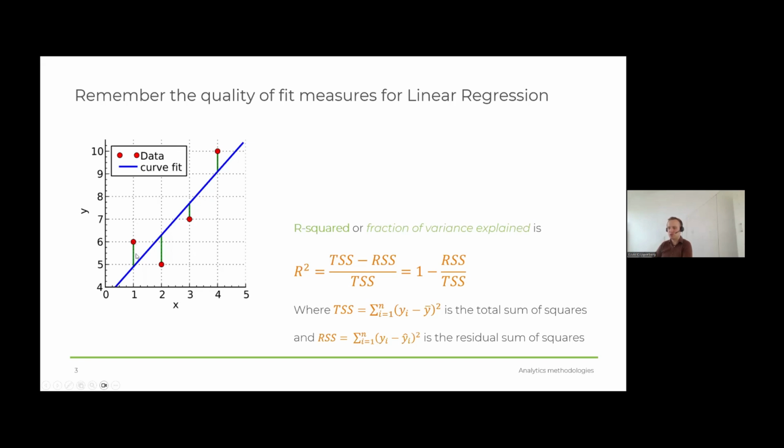Here you can see the green line is the error. To get the residual sum of squares, you square that error and sum it for all the data points. The total sum of squares looks at the difference from each data point to the mean, and then sums that. This gives you the R-squared, which, at least for training, is between 0 and 1, and you want to get it as close as possible to 1.